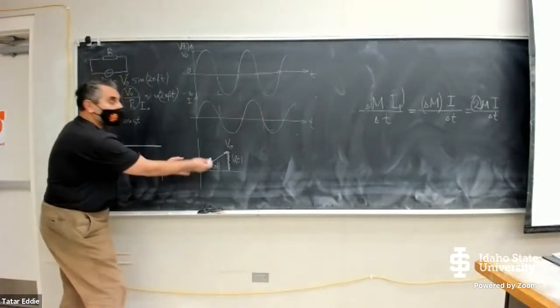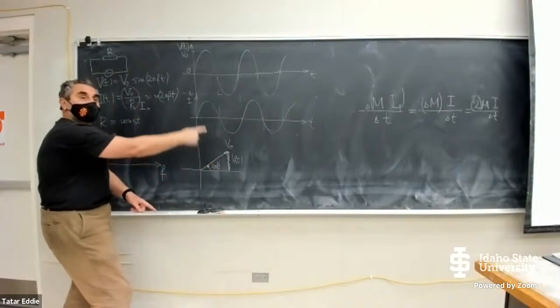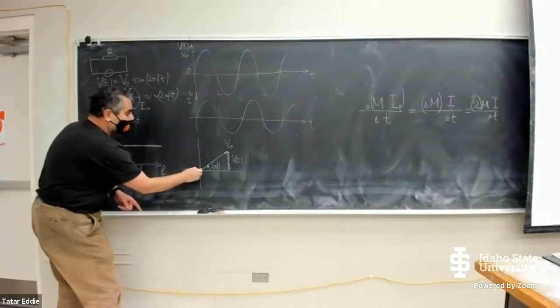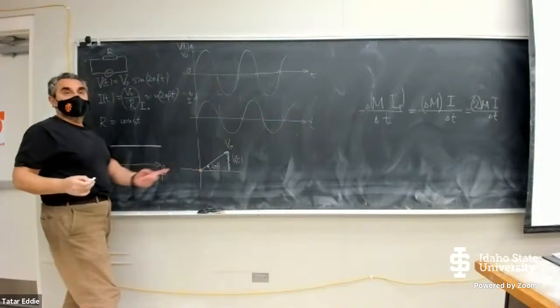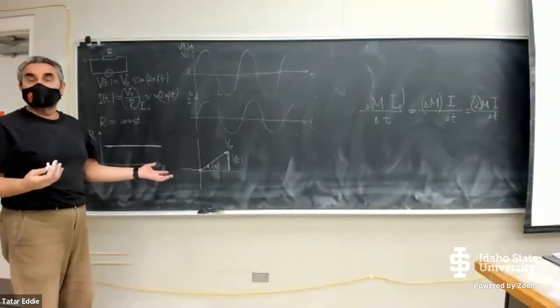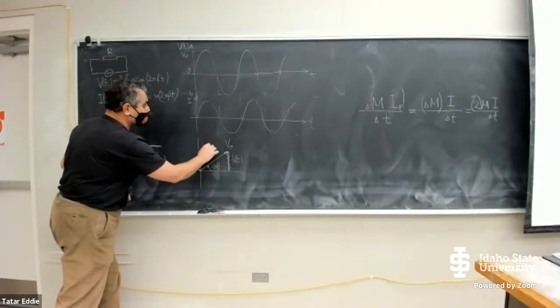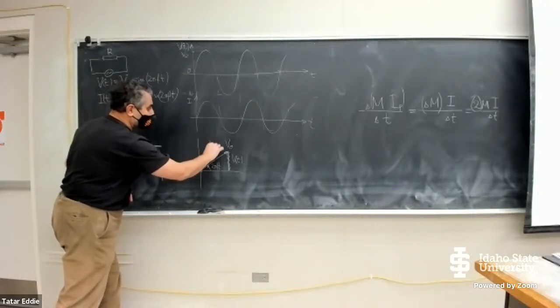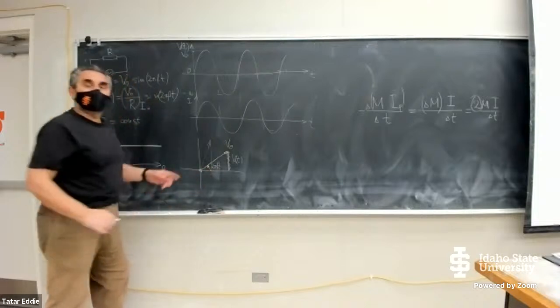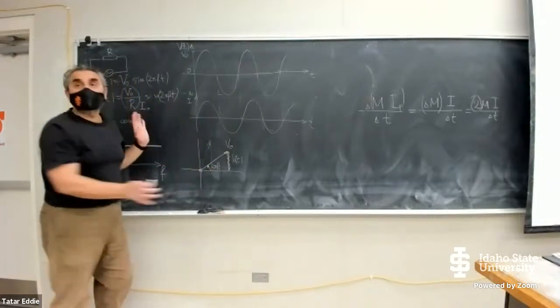At the next moment of time, this phasor is going to rotate around its tail. So at the next moment of time, this phasor is going to be here, and therefore the instantaneous value of the voltage is going to be this, and so on and so forth.